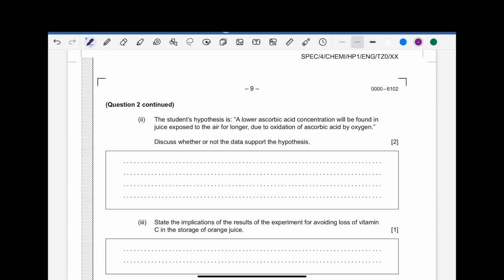2. The student hypothesis is a lower ascorbic acid concentration will be found in juice exposed to the air for longer due to the oxidation of ascorbic acid by oxygen. Discuss whether or not the data support the hypothesis.